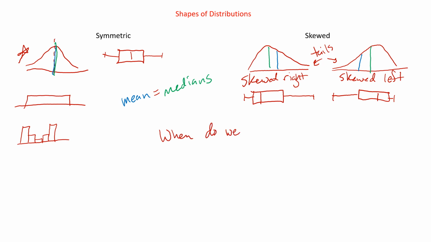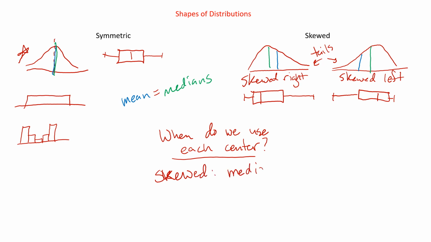When do we use each center? So if it is skewed, we're going to use the median. If it is symmetric, we could use either because they are the same or really close to it, but we use the mean because the mean is found using a formula, and so we can use it in different equations and things a lot better.